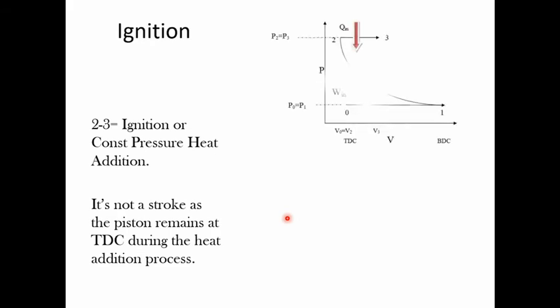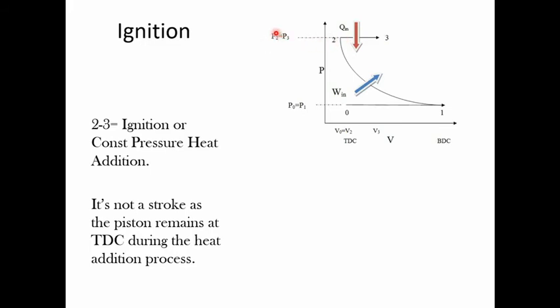Then the ignition process starts. The ignition process here is the constant pressure heat addition process, and we define it in the PV diagram from 2 to 3. Just remember that this ignition is not a stroke, because the piston head remains at top dead center during the heat addition process, but during heat addition the pressure remains constant.